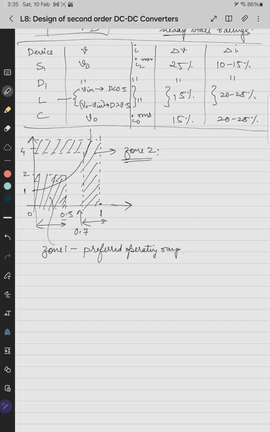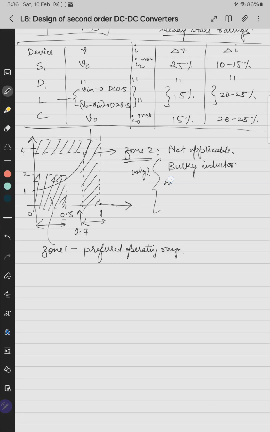But in the boost converter, what happens is that for the higher band, let's say this is the band from 0.7 to 1, this is called the non-practical zone, not applicable. Why? Because it needs a bulky inductor. We'll see in the next lecture how to decide the inductances.